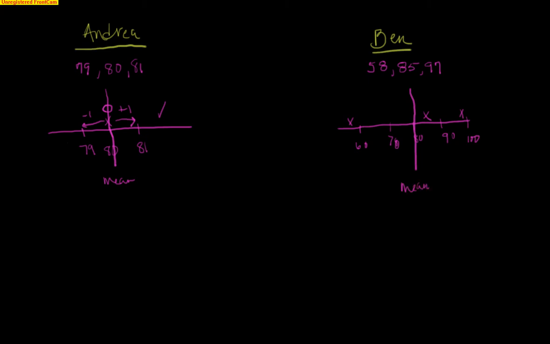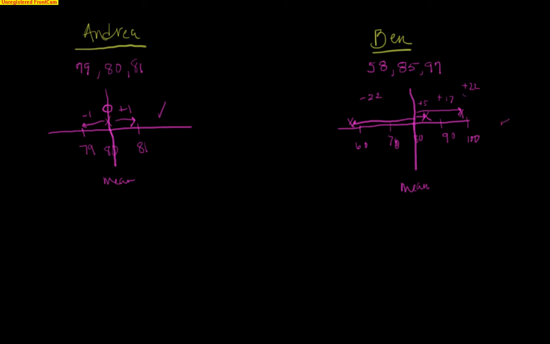We can see that by looking at the distances. From 80 to 85 is a +5, and from 80 out to his 97 is +17, giving us a total of +22 on this side. From 80 down to 58, 58 minus 80 gives us -22. So this is balanced too.